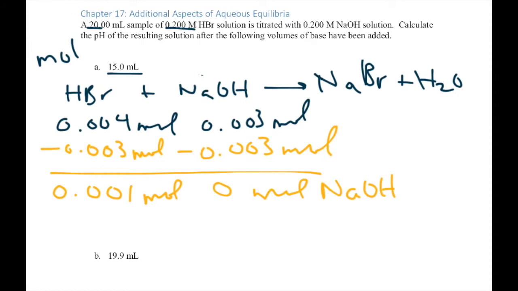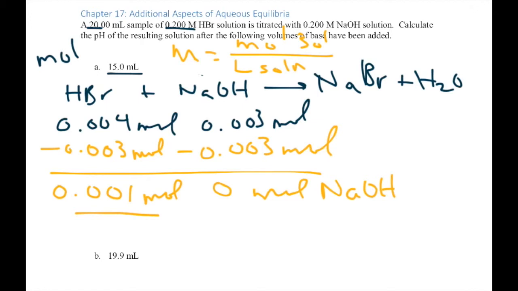Remember, HBr is a strong acid, thus the pH will be the negative log of the concentration. So what's the concentration of H+? Well, we have the moles. Remember that molarity equals moles of solute per liter of solution. So our moles is 0.001 divided by liters of solution.